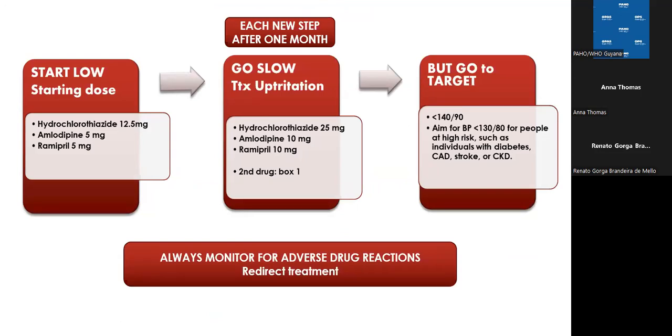But when we are recommending treatment for an older patient, again, we have to assess the vulnerability status of each patient. If you are recommending treatment for a vulnerable patient, keep this in mind.